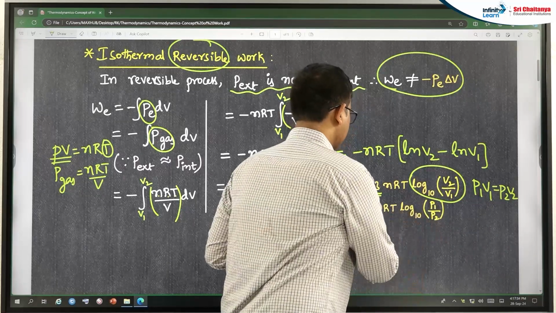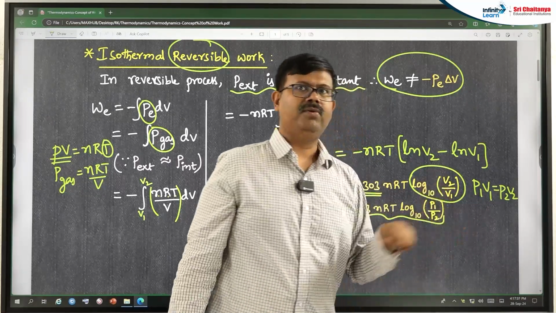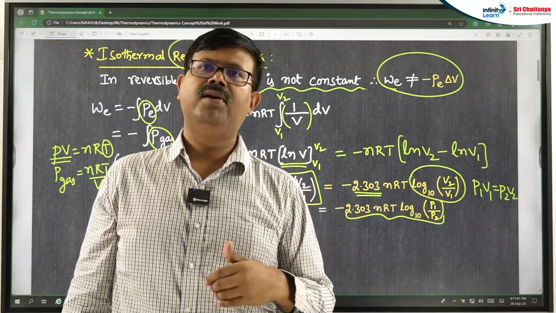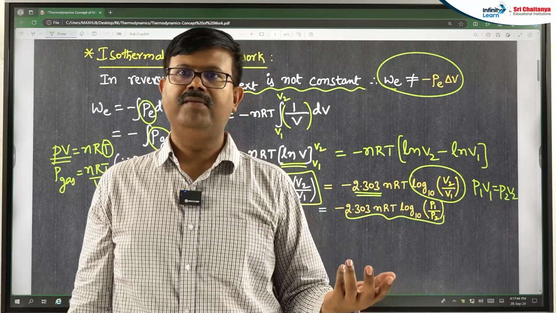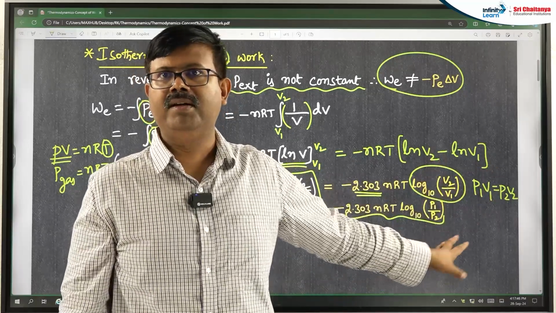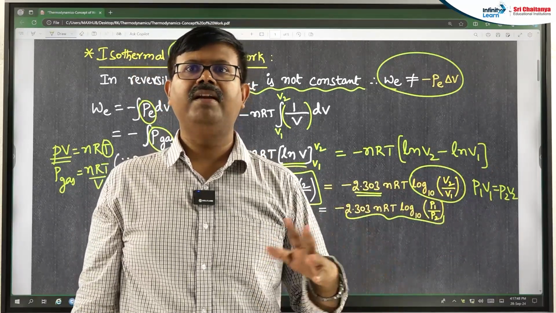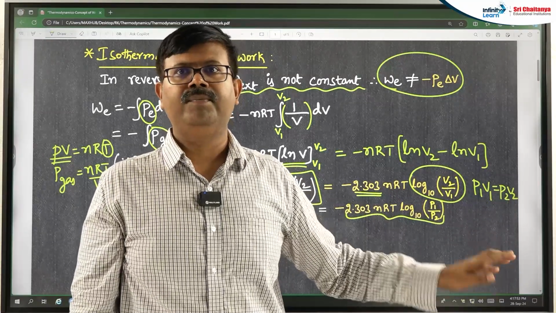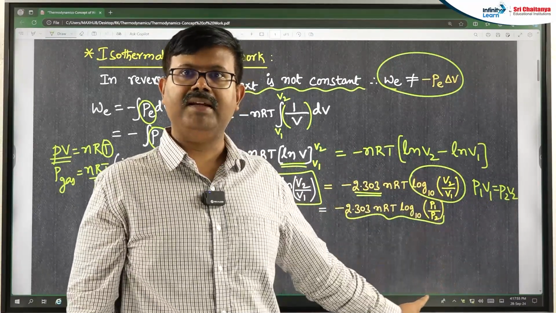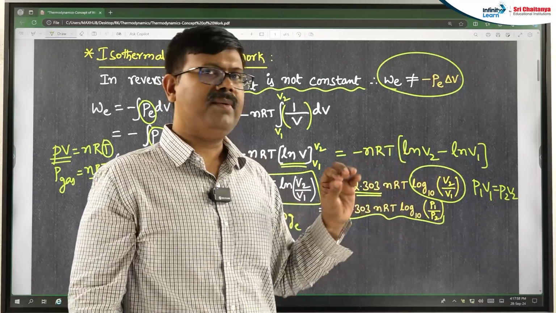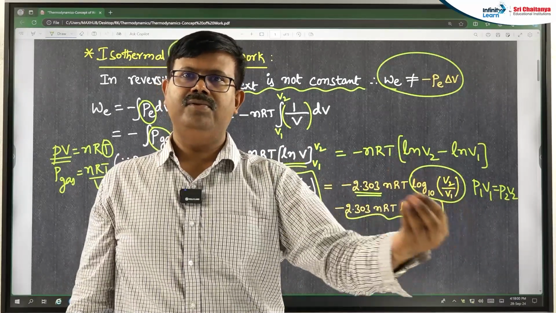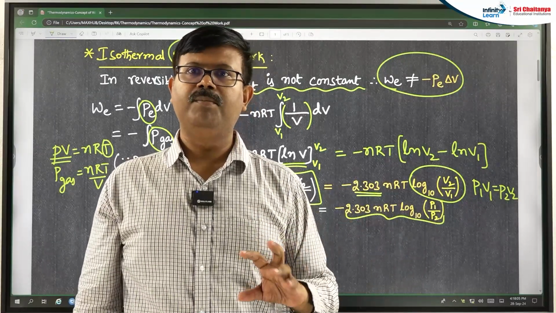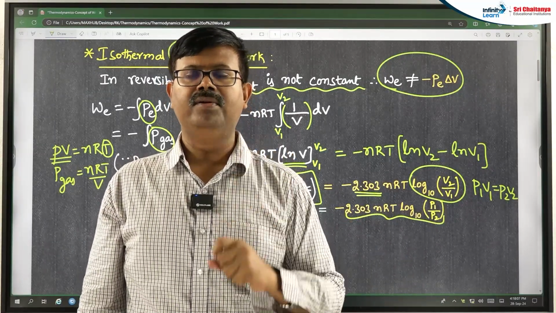So that's why here you see P1 by P2 also. Depending upon what is given in the question, if initial volume and final volume are given, we will use log V2 by V1. If initial pressure and final pressure are given, we will use log P1 by P2. And don't forget the negative sign here. Sometimes in the options minus 30 joules will be there, plus 30 joules also will be there. So the sign is also equally important here, not just the magnitude.